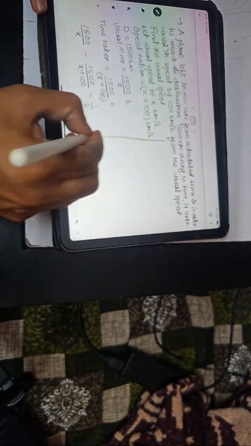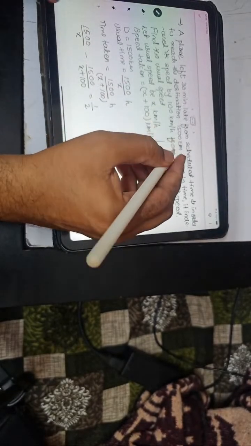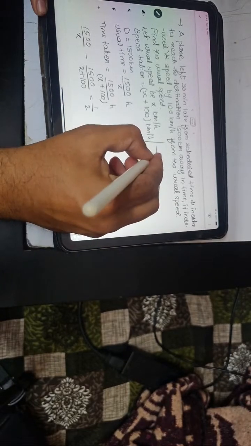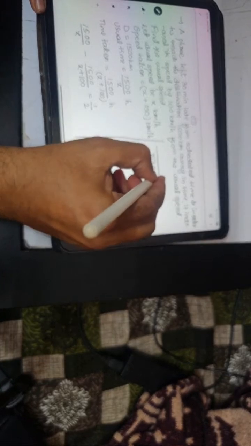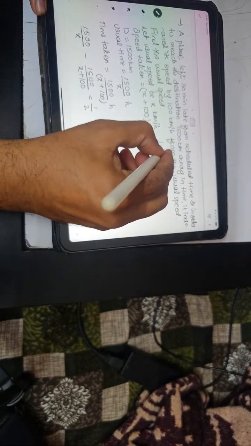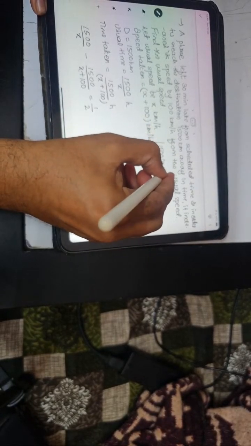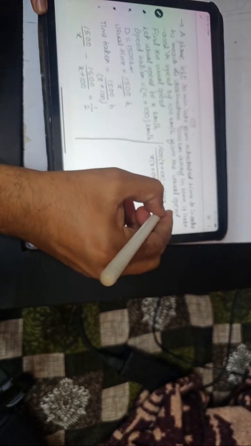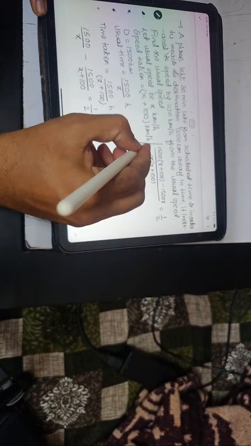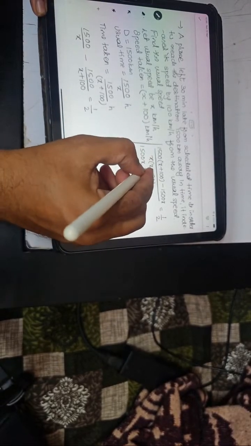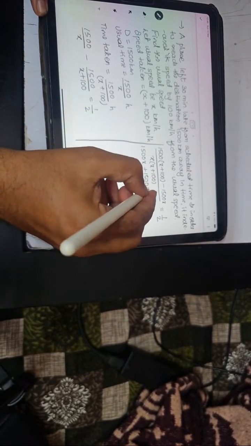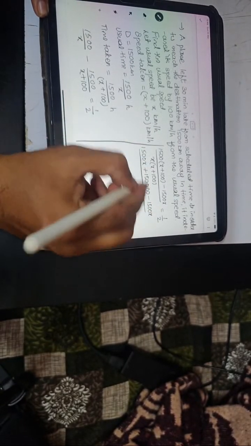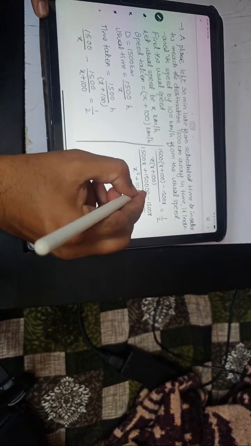So if I solve this ahead, see, I am doing LCM first. So what I will get, x into x plus 100. So 1500 into (x plus 100) minus 1500x equal to 1 by 2. So this will be 1500x plus 150000 minus 1500x whole upon x square plus 100x.